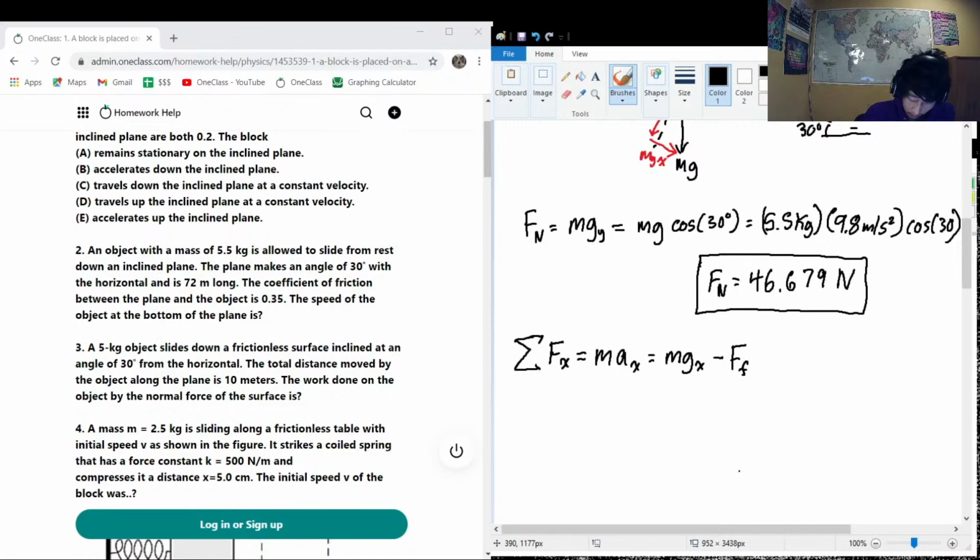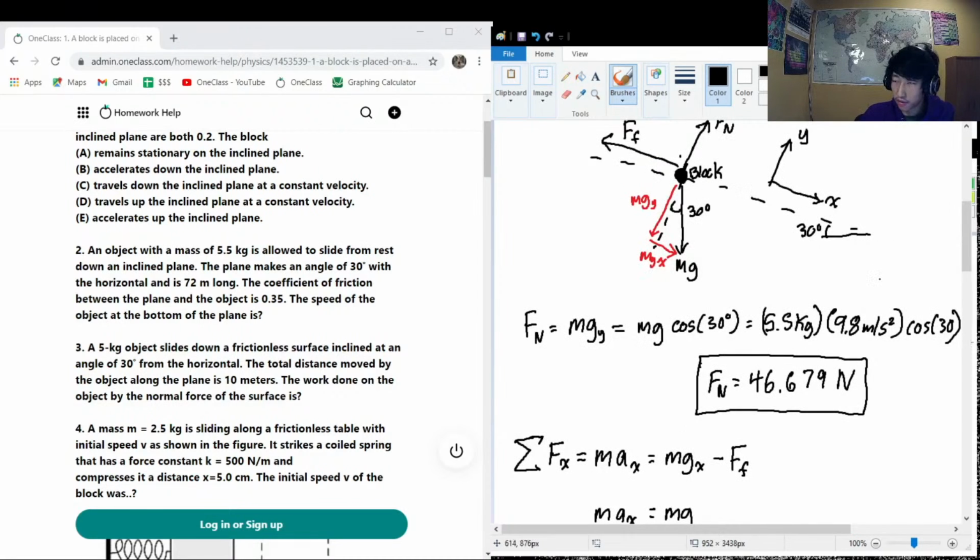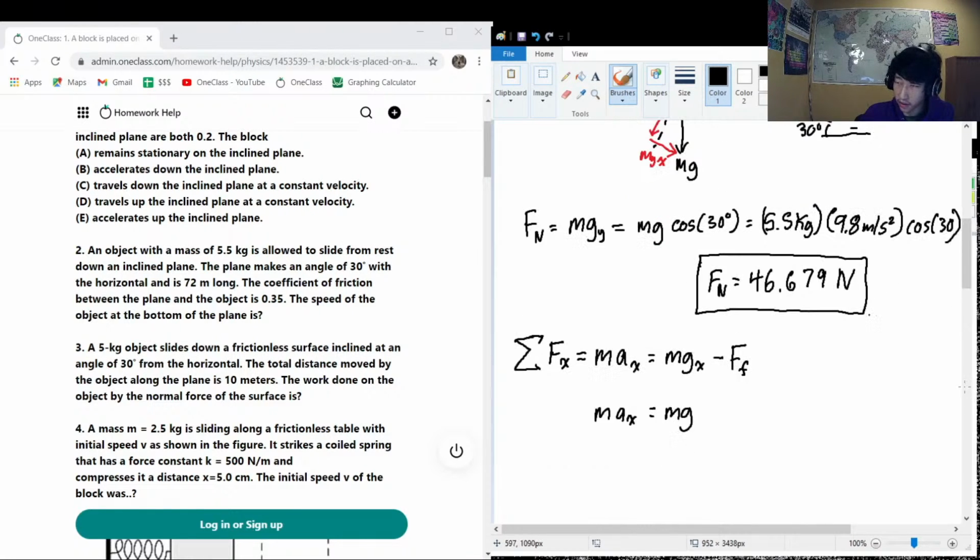Okay, so another way that we can write this is max. We can write mg, the x component, instead of cos 30, is going to be sine 30, minus the frictional force, which is actually the normal force times the coefficient of friction.